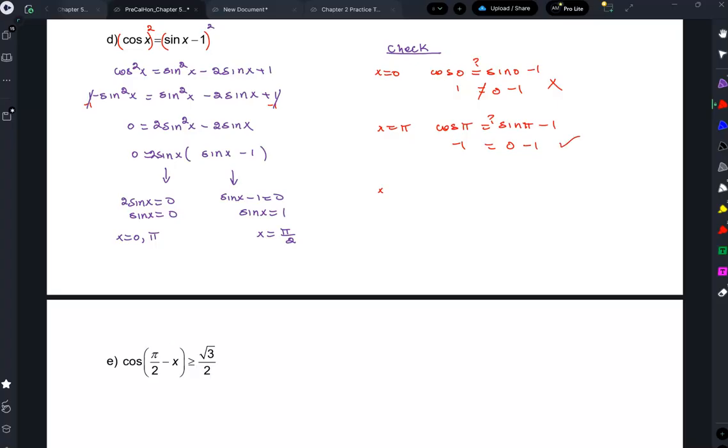And then the next one is x equals pi over 2. Cosine of pi over 2, is this equal to sine of pi over 2 minus 1? Cosine of pi over 2 is 0. 1 minus 1 is also 0, so that also works.